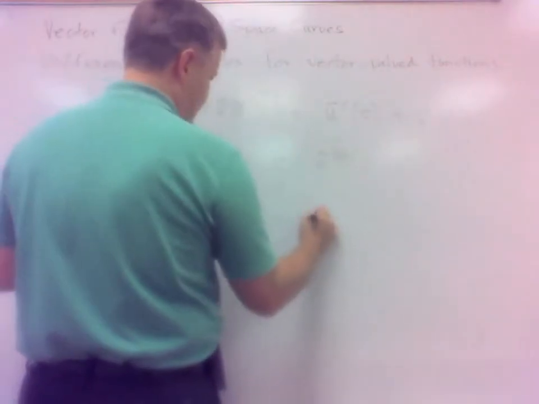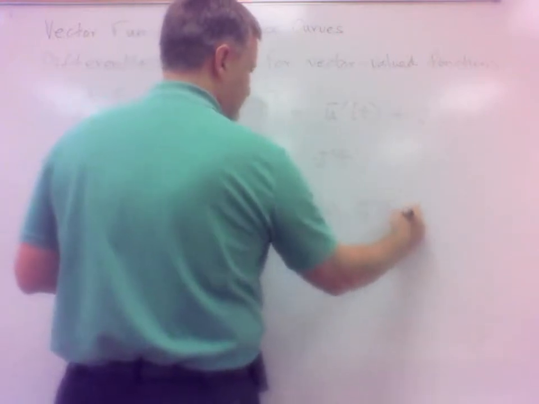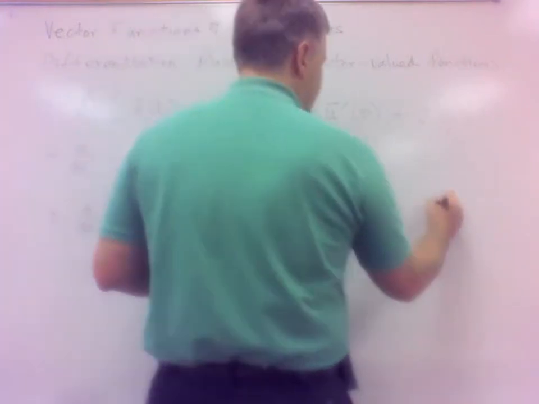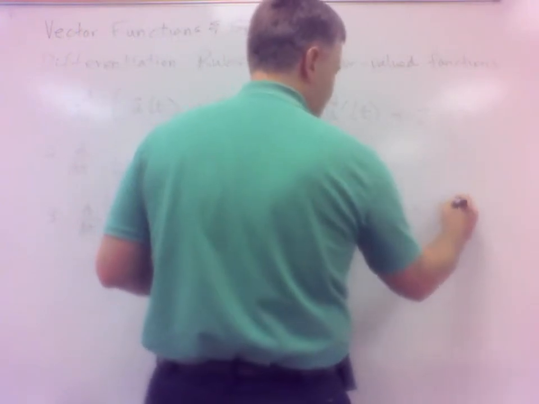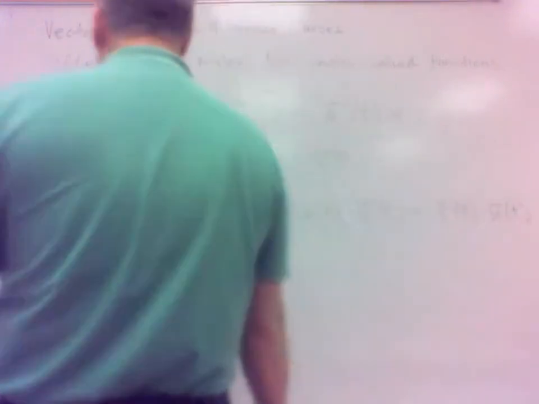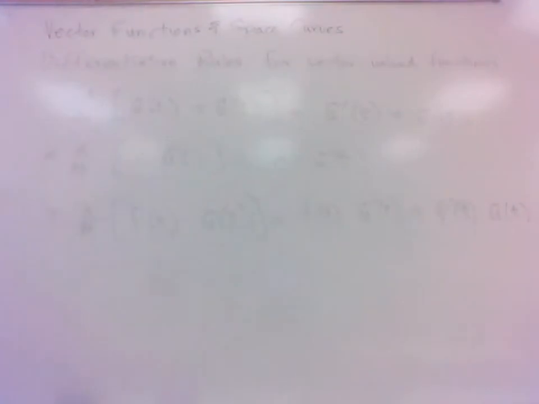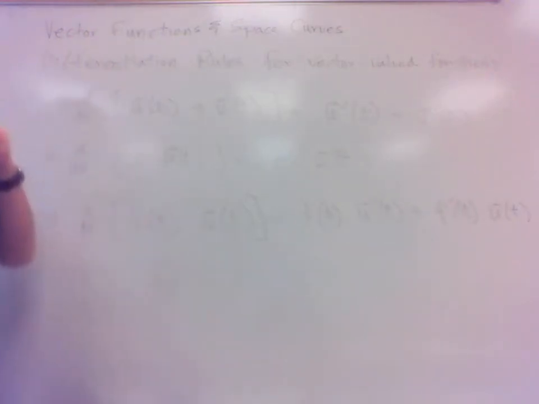You got to use your product rule: first times the derivative of the second, that'd just be the derivative of the vector valued function, and then reverse that. That would not be a dot product. I was thinking the next one was a dot product, but this is not a vector times a vector, so it's not a dot product officially. It's just a function times a vector.